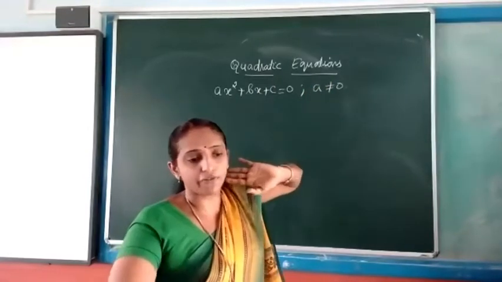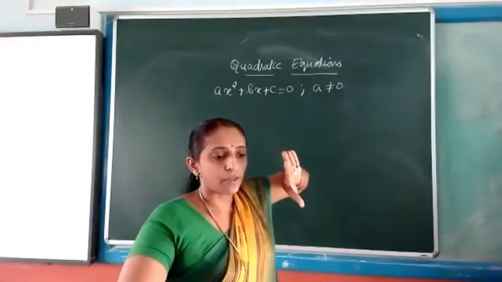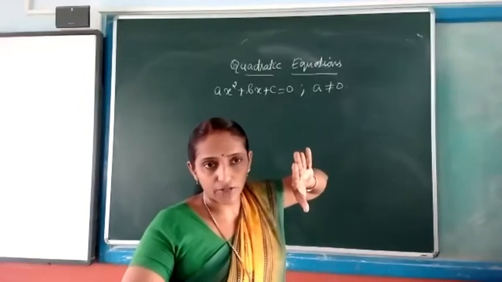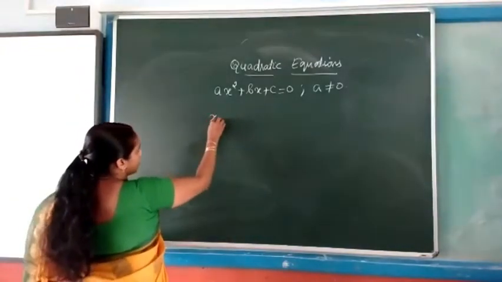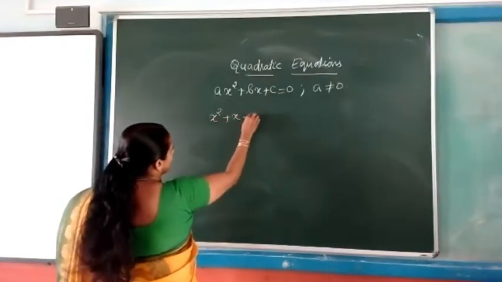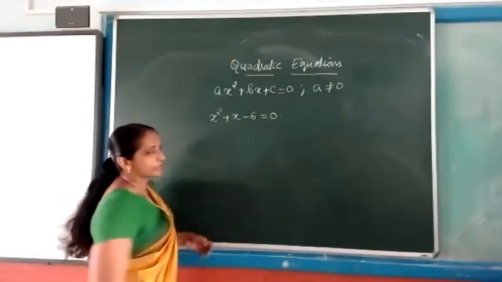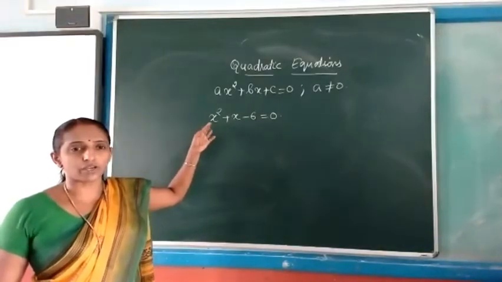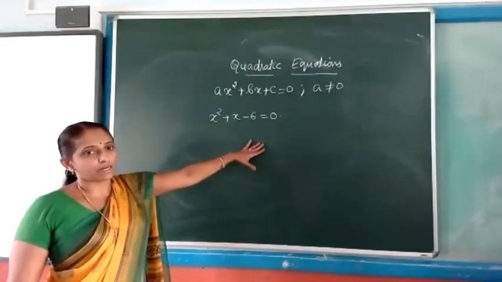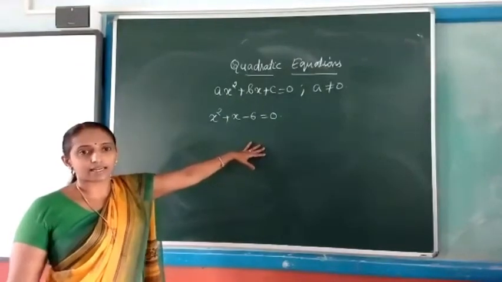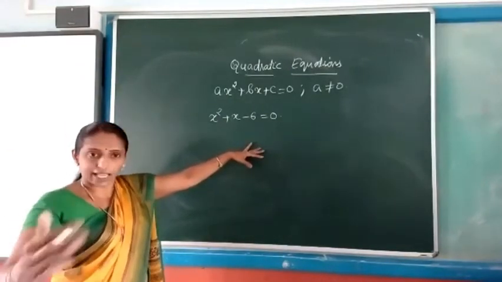Such equations are known as quadratic equations. If you take x square plus x minus 6 equal to 0, it is a quadratic equation. Here we take it equal to 0, but in a trinomial we do not take it equal to 0, we only factorize.